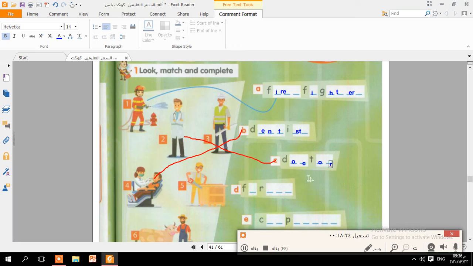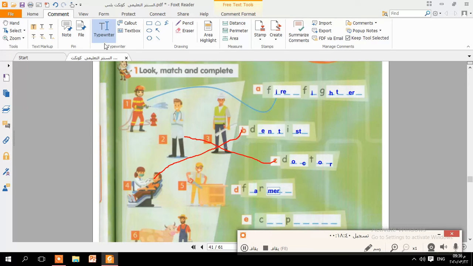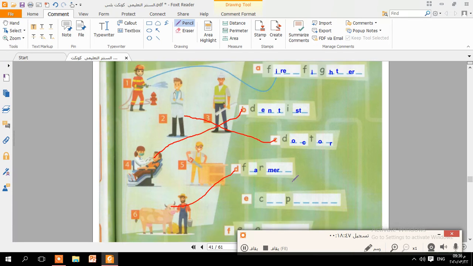D-O-C-T-O-R, doctor. Letter D. It's a farmer. And we will match letter D with a farmer, number 6.